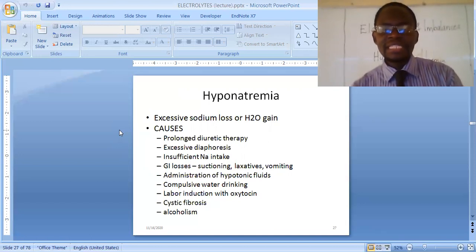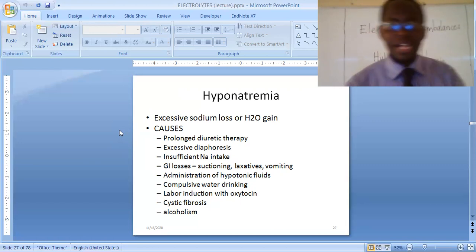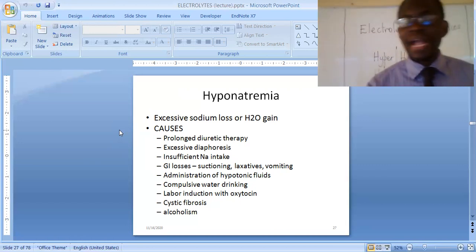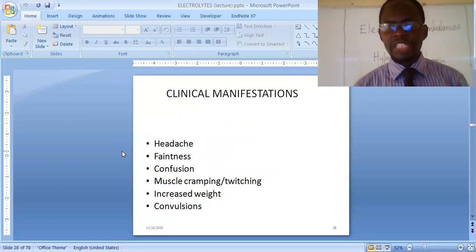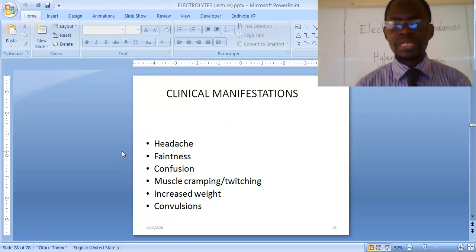Things like excessive diaphoresis, insufficient sodium intake, GI losses, compulsive water drinking, among others. As you can see, all those can cause hyponatremia. What are the manifestations? Things like headache, confusion, muscle cramping, weight gain, and even convulsions. These are the examples.